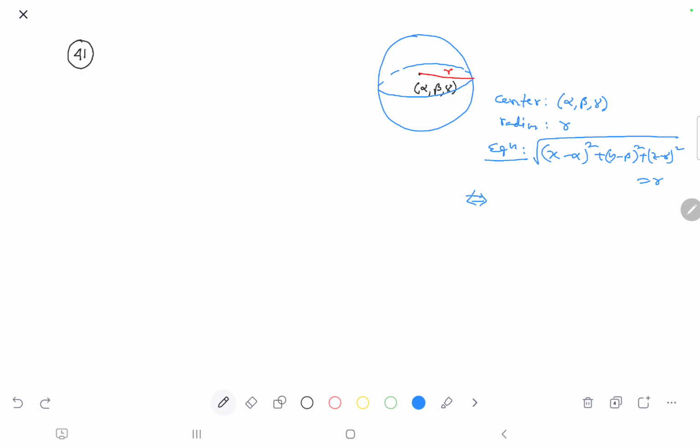So this is nothing but x minus alpha whole square plus y minus beta whole square plus z minus gamma whole square equal to r square. Is it okay, Mayan? Fine.